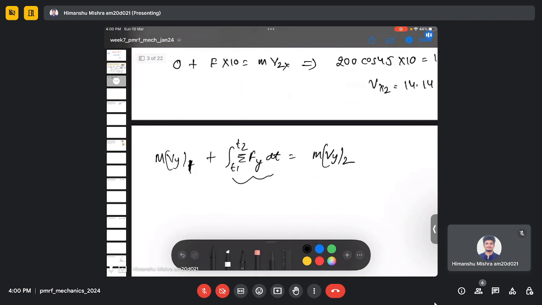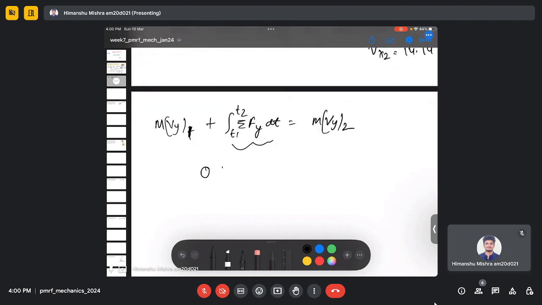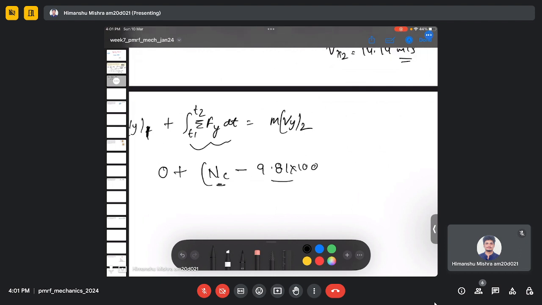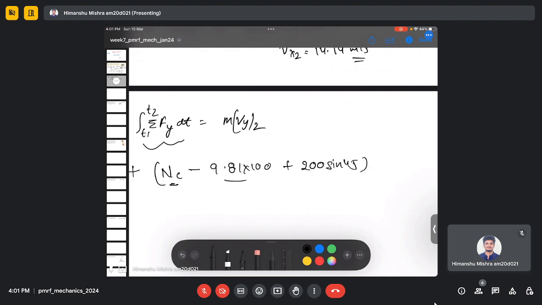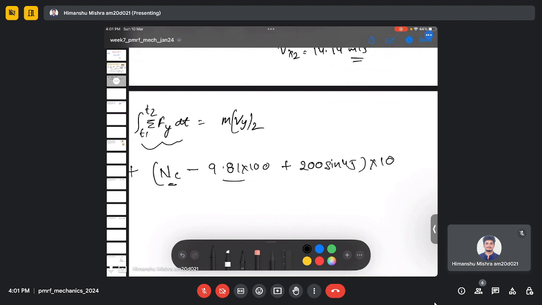My initial vertical velocity is 0. This is my weight, this is my normal reaction, and this is the component of the 200 Newton force which I am applying, multiplied by time.